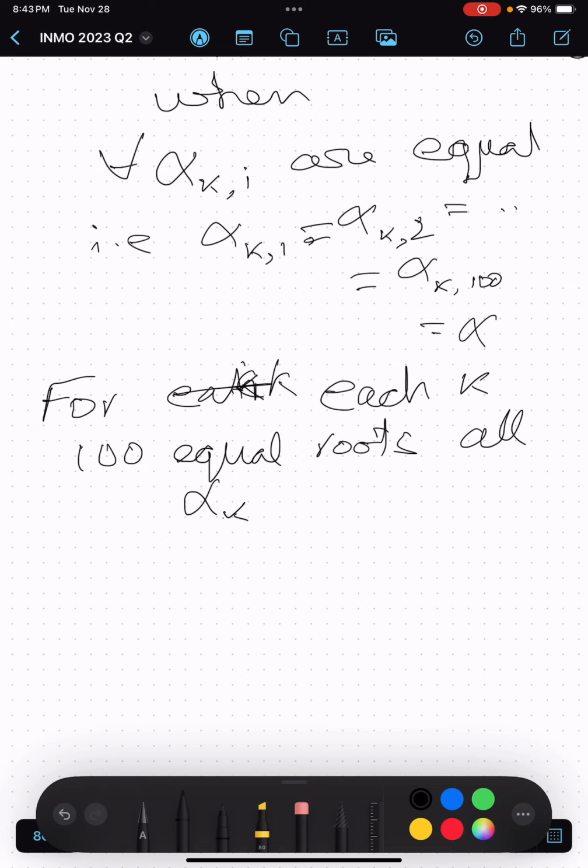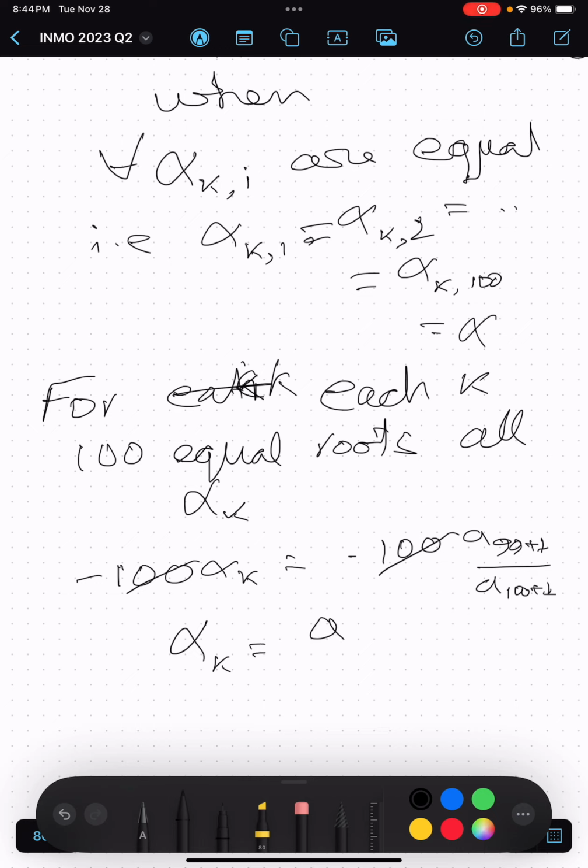So now if we take the sum of the roots, minus 100 alpha k is equal to minus 100 a 99 plus k by a 100 plus k. So we can cancel minus 100 minus 100. So all the roots are equal to a of 99 plus k divided by a of 100 plus k.